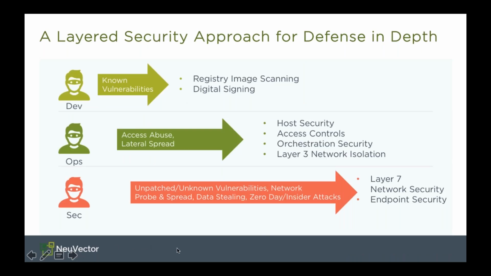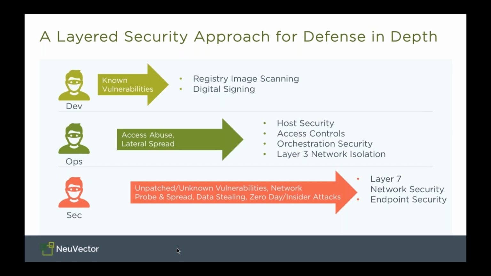So in order to best protect against these types of attacks, as usual, it's a layered security approach. There's not one security tool or technique that's going to provide you complete protection. So it's like good, better, best.